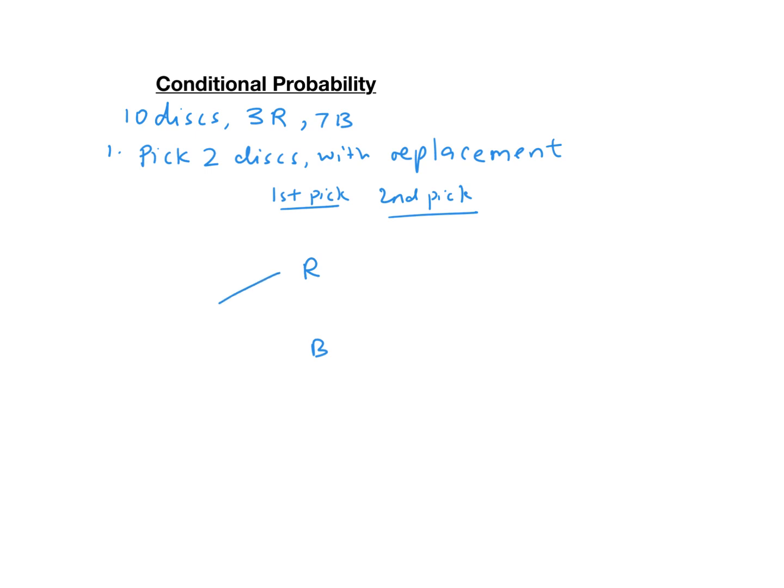The probability of getting a red in the first pick would be 3 out of 10. The blue will be 7 out of 10. For the second pick, because we are replacing the red after we pick it, getting a red is still 3 out of 10, and for the blue is still 7 out of 10.